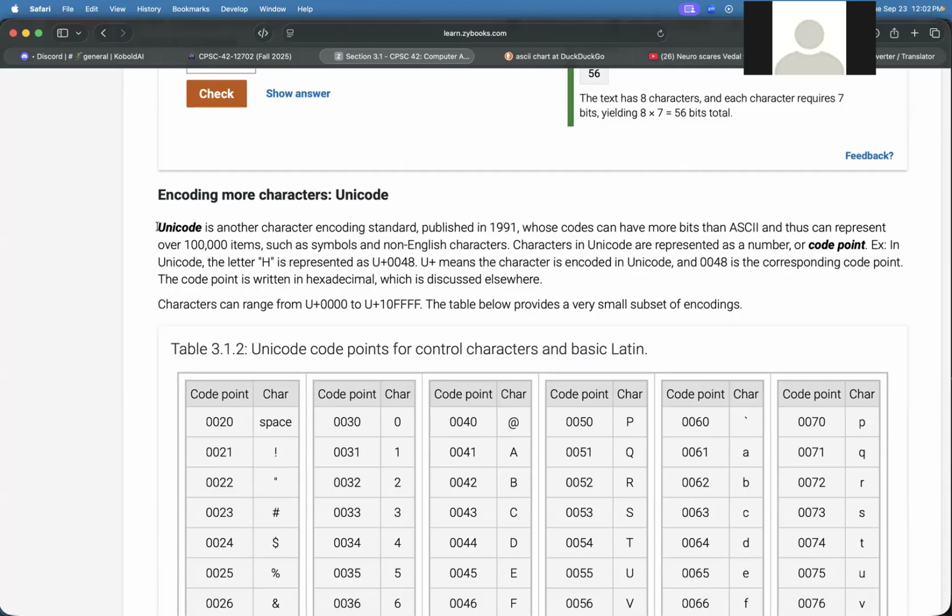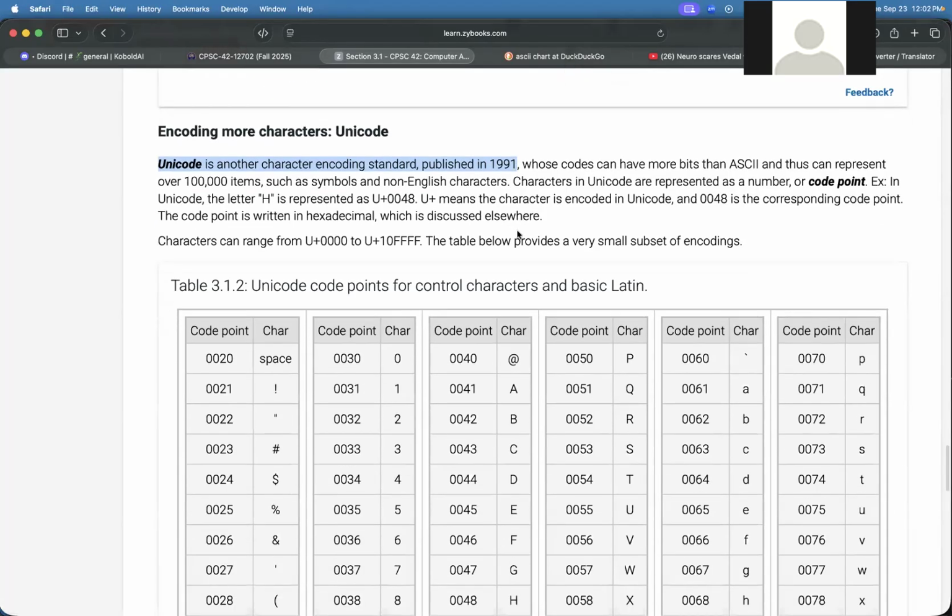They came up with the Unicode standard. The Unicode standard is what we use now, and we've been using it for quite some time at this point. However, the way that Unicode works is very complicated. With Unicode, first of all, there's more than one number of bits.